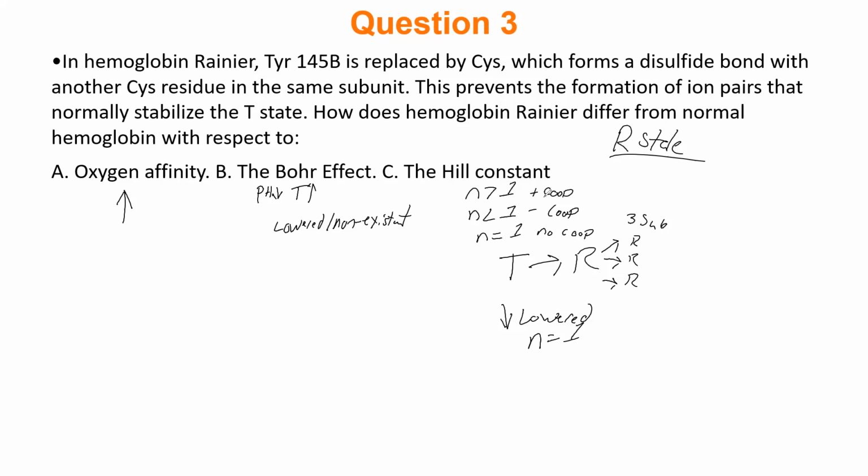So this is one of those good test questions that really test your understanding of, do you know what it means to be R and T state? Do you know what R and T state means in terms of oxygen affinity? Do you know what the Bohr effect is and how that relates to T and R state? Do you know what a Hill coefficient is and how the R and T configurations influence that?